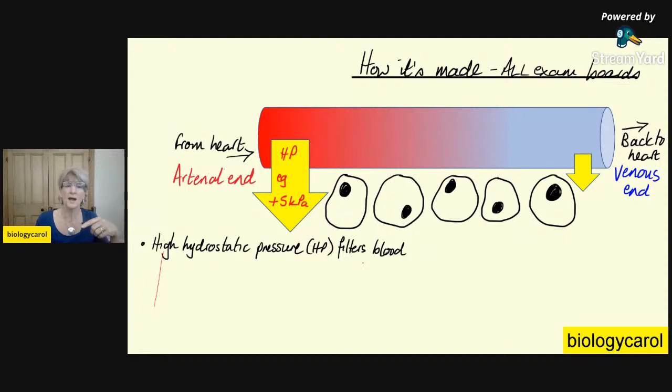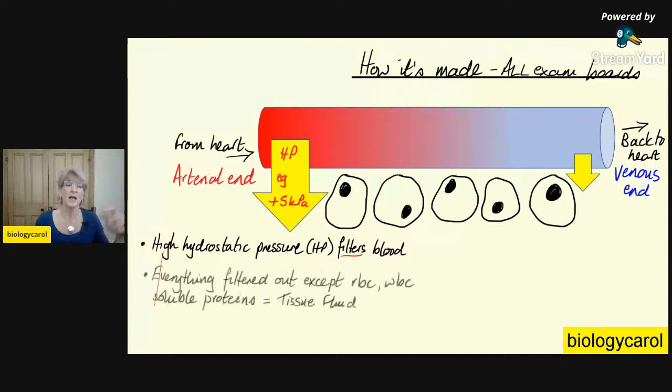So when we talk about the high hydrostatic pressure filtering the blood, everything is filtered out except for those things that are big: the red blood cells, the white blood cells, and the large soluble proteins. Everything else that is filtered out equals the tissue fluid. And it's because of this high hydrostatic pressure.